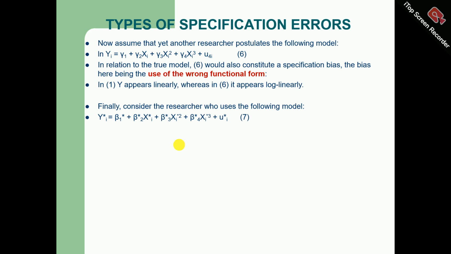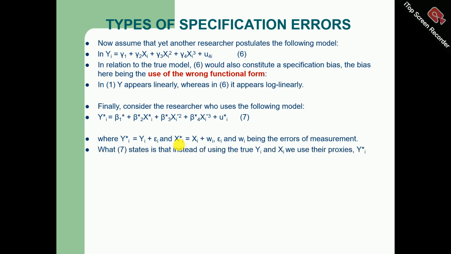Now equation 7 is also not correct, because here yi star is equal to yi plus epsilon i, and xi star is equal to xi plus wi, where epsilon i and wi are the errors of measurement. So if you use proxies instead of the true y and x variables, then we are committing an error of measurement, which is also known as a specification error in the model.